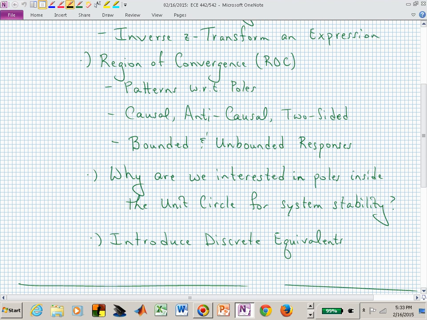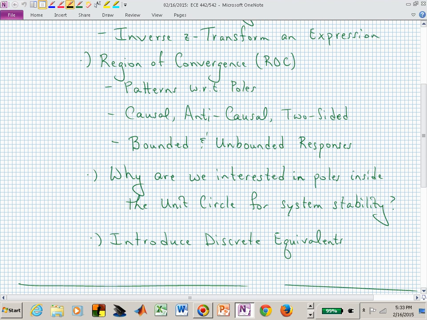This is all very semantic, but your poles cannot be living inside the region of convergence, no matter which pattern you have for your region of convergence.